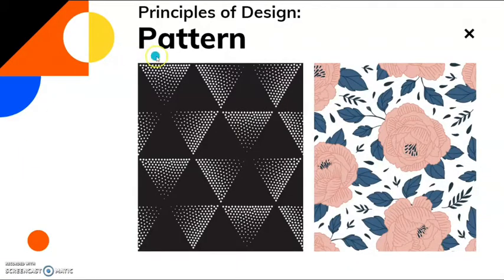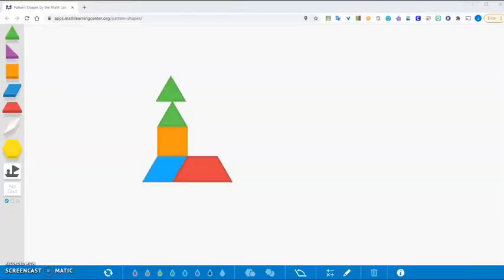Pattern is not an element of art, but instead a principle of design. Pattern is when the same combination of shapes and colors and lines are used throughout an area or entire work of art. The same combination is repeated in order.